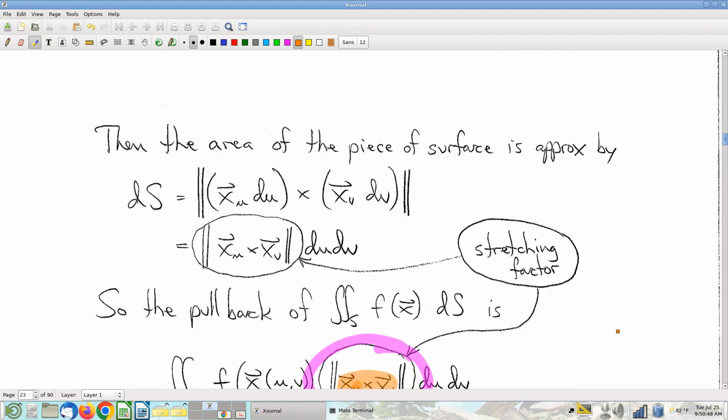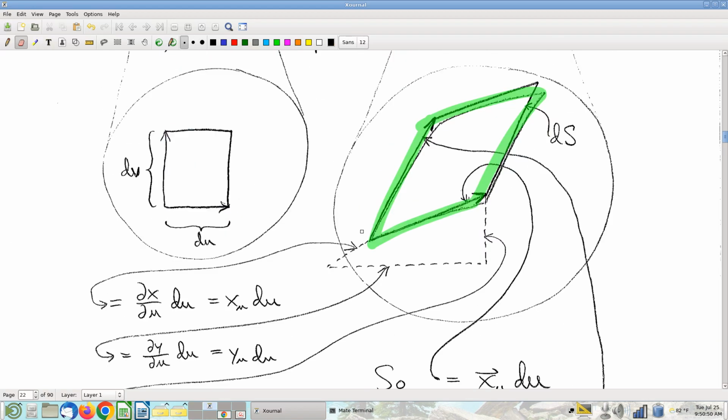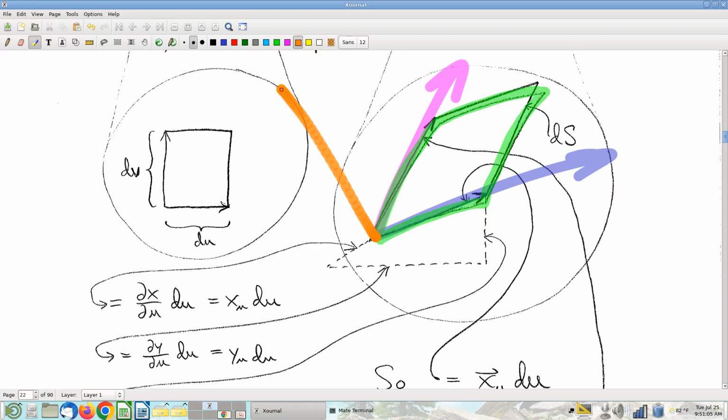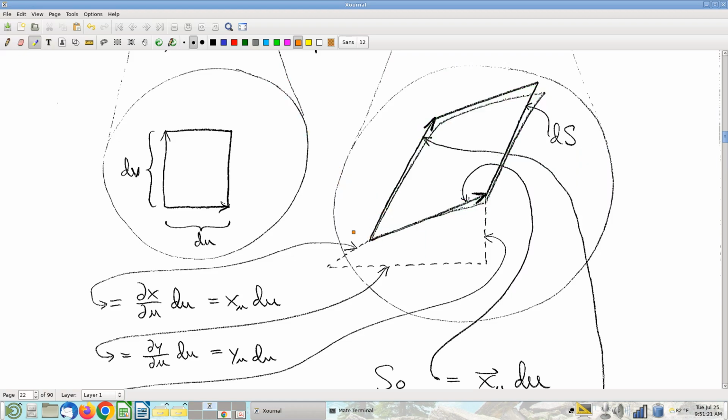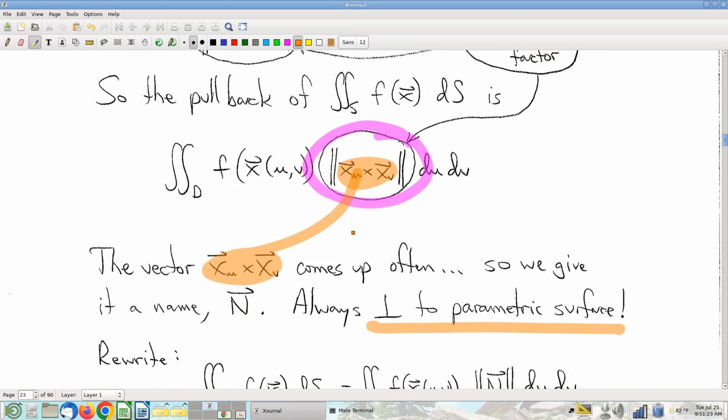You can actually see that right here in this picture. After all, xu points that way and xv points that way, both of those being tangent to the surface. So that cross product, being perpendicular to xu and to xv, is also perpendicular to the surface itself. So neat fact. That's going to end up being really useful later on, but not particularly right this second.